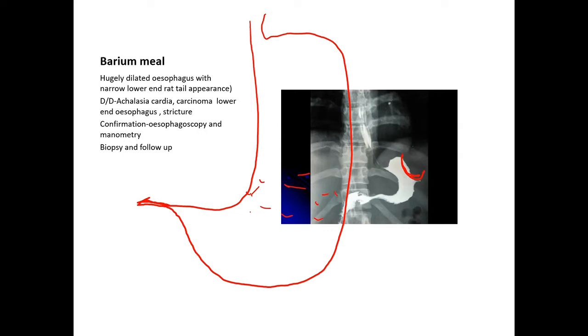So you might see filling defect in tumors. You might see dilated stomach with absence of drainage of the contrast into the duodenum. All these are findings you might see in barium meal.